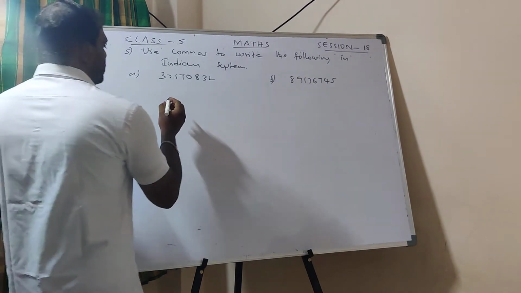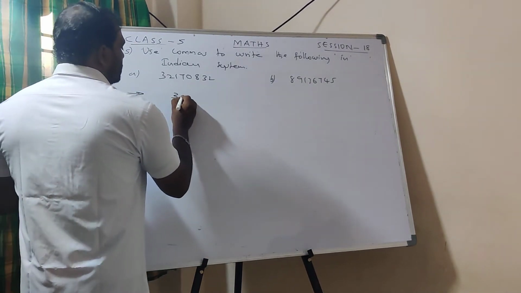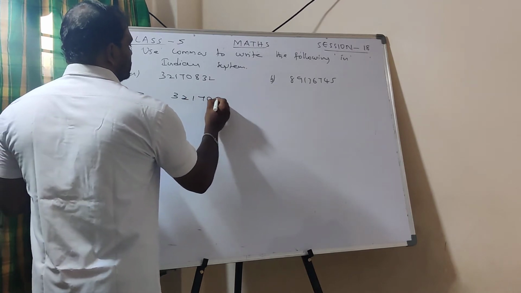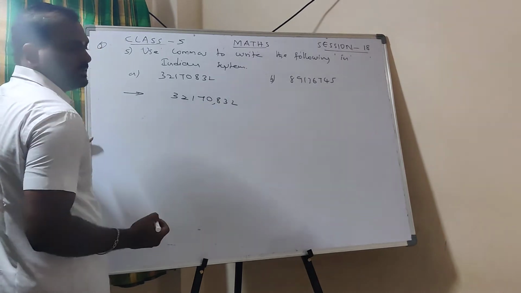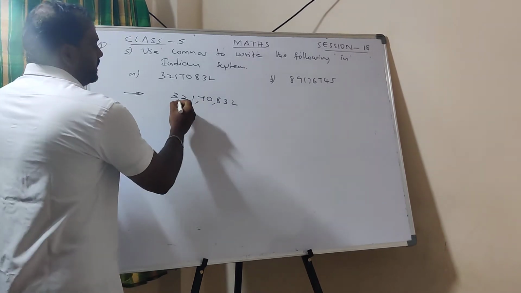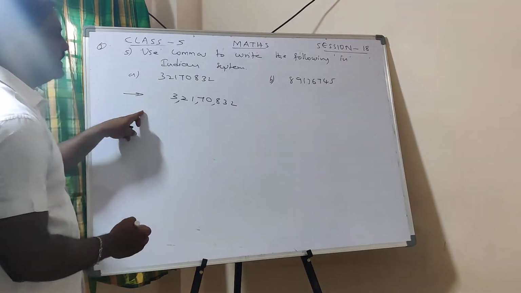So in the same way, first I am writing the first number 321,70832. So units, tens, hundreds, thousands, ten thousands, lakhs, ten lakhs, and crores. So how many numbers are there? 8 numbers.